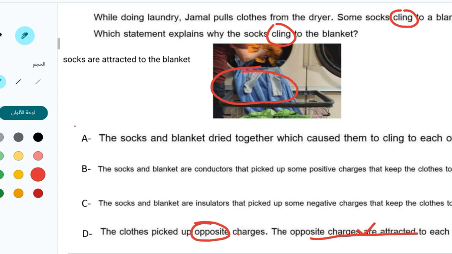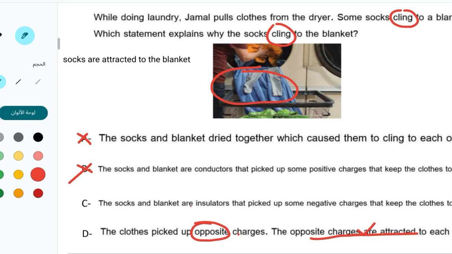The socks and blanket dry together, which causes them to cling. That's not quite a cause and effect relationship. The socks and the blanket are conductors that picked up some positive charges. Maybe they have some conductive properties, but it doesn't say anything about the negative charges. We would need positive and negative charges to have attraction.